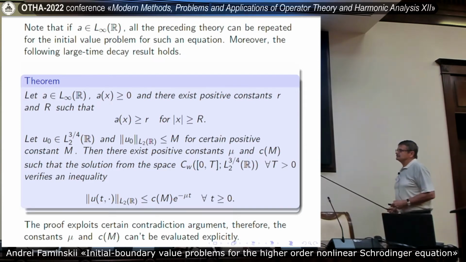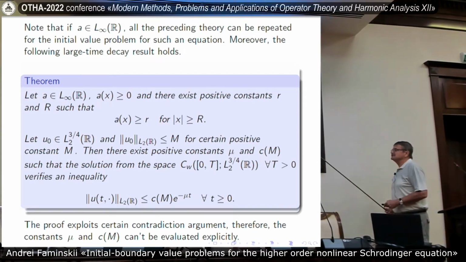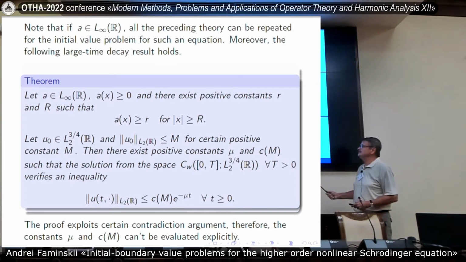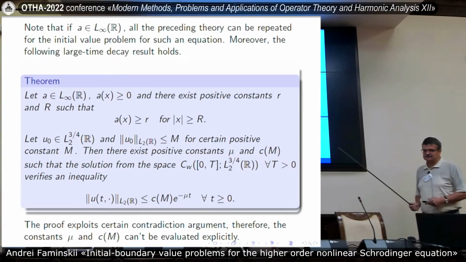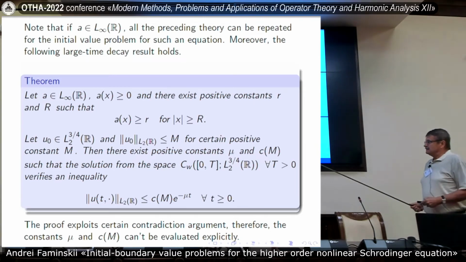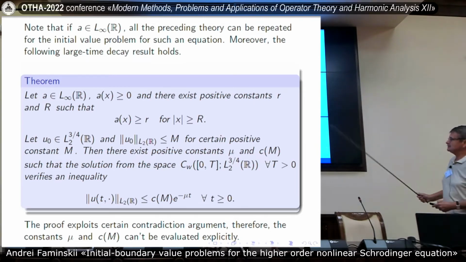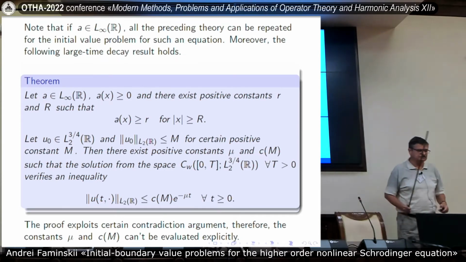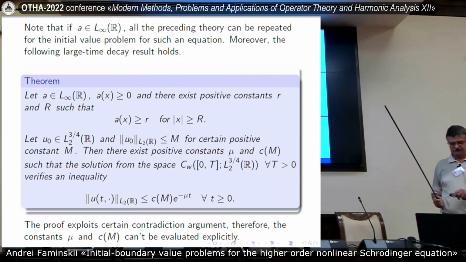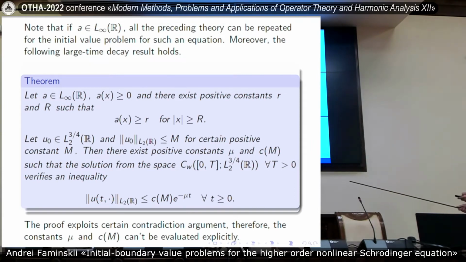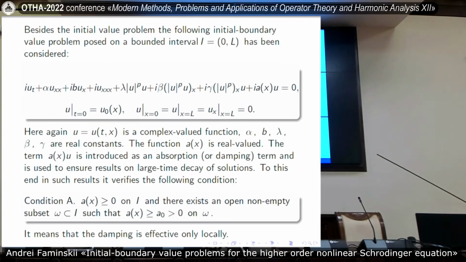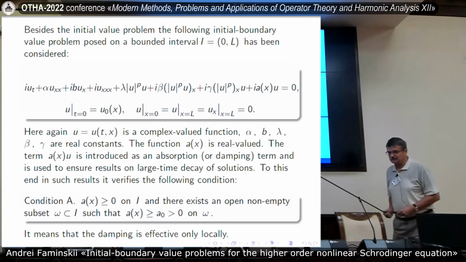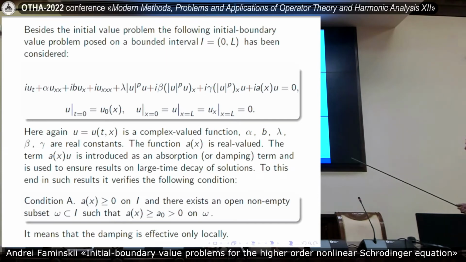And the proof exploits a certain contradiction argument, and these constants, mu and c, cannot be evaluated explicitly. So this is the situation with the nonlinear higher order Schrodinger equation on the whole line for the initial value problem. And the next item of my talk is devoted to the problem on the bounded interval, or the initial boundary value problem.